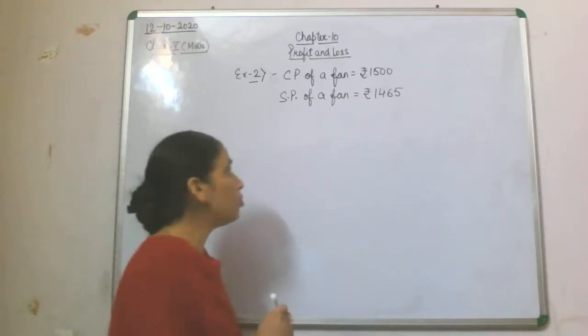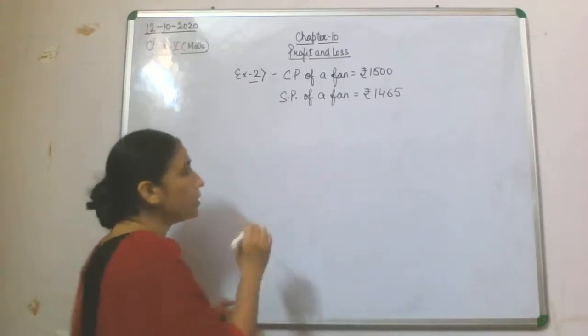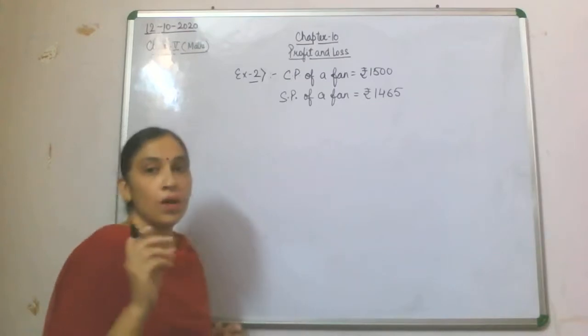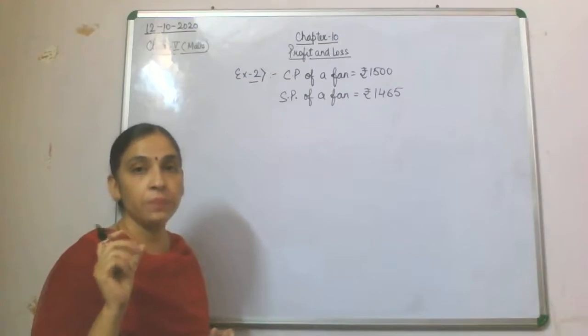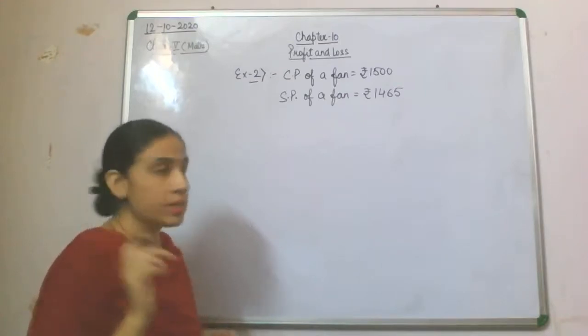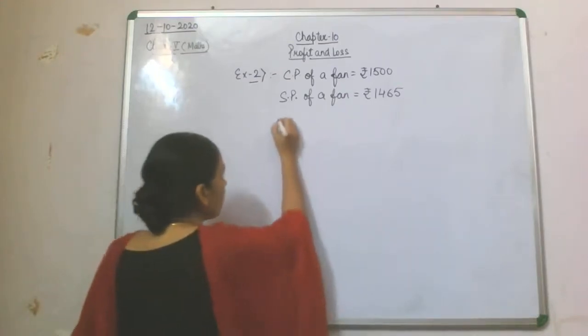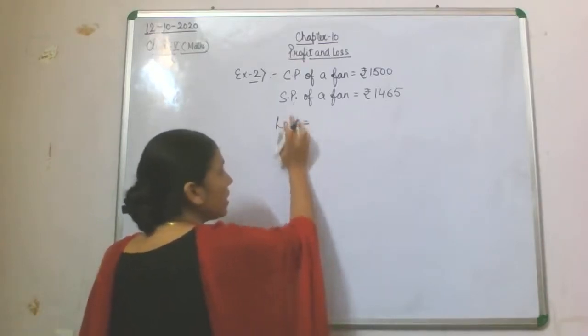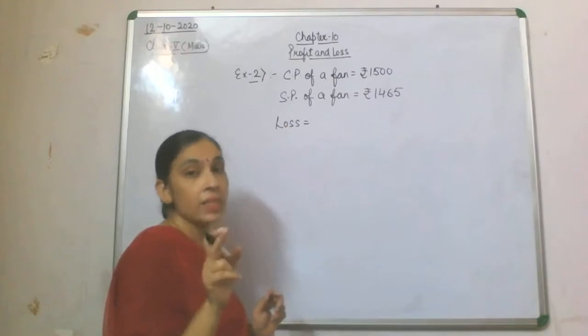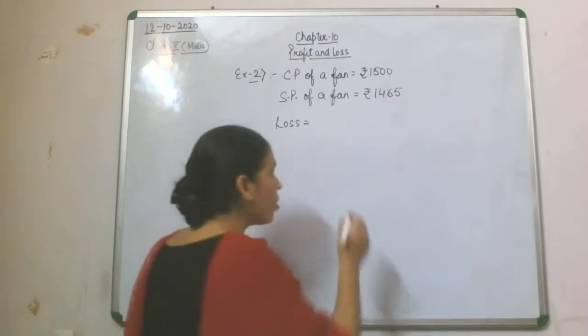So what we will do, we will calculate what is the loss. First we will calculate the loss. As you can see here, SP, the selling price, is less than the cost price, so it is a loss.